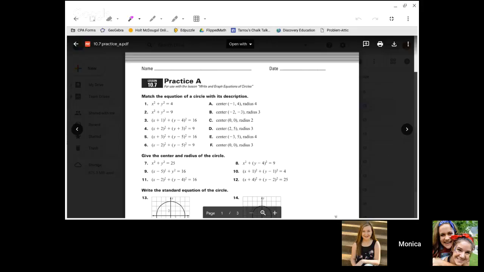Okay, so it's x minus h squared plus y minus k squared equals r squared. Okay. The h and the k are your center of your circle.